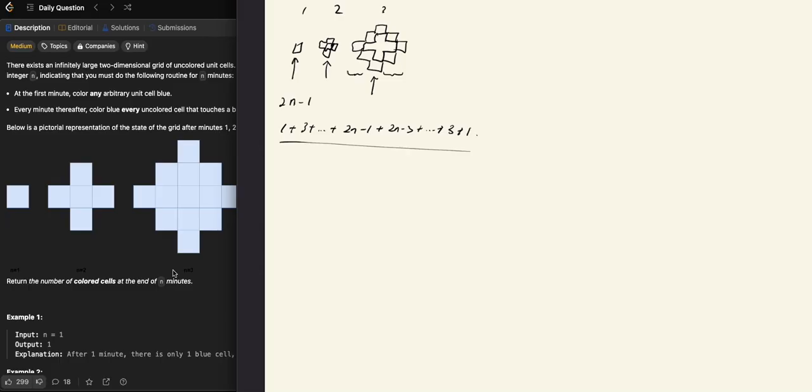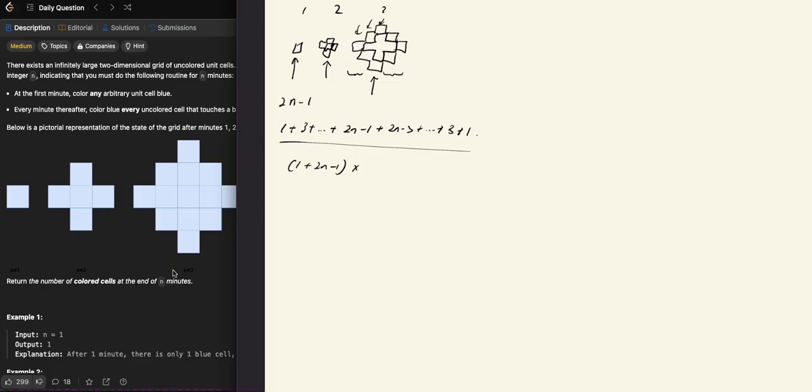So we can use the arithmetic formula again, of course. That would be the first item plus the last item times the number of elements. So how many elements are here? We can just count the number of columns for the corresponding n.